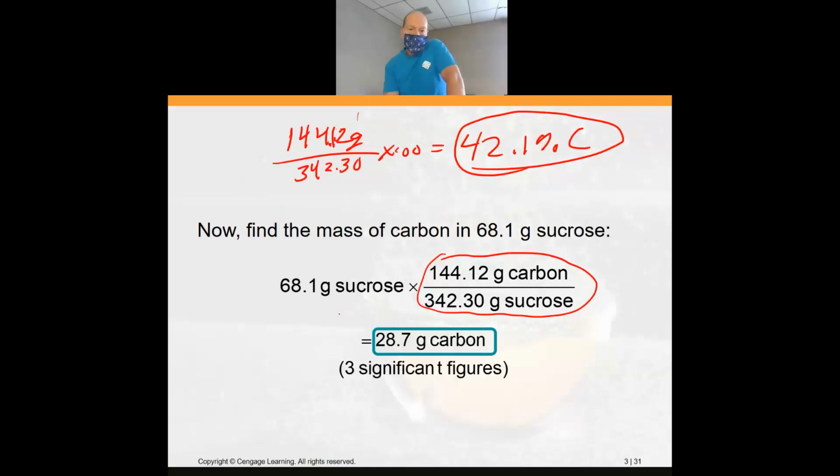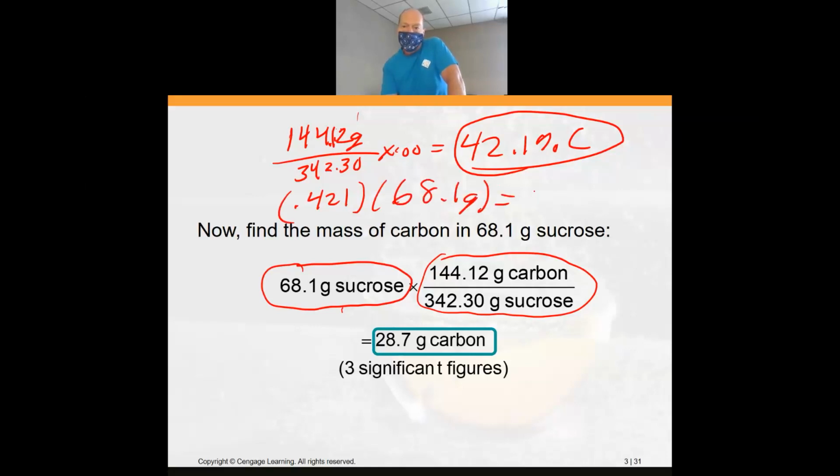All right, and so then I need 42.1% of 68.1. So you have to convert that to the decimal form. So 0.421 times the 68.1 grams equals 28.7 grams of carbon.